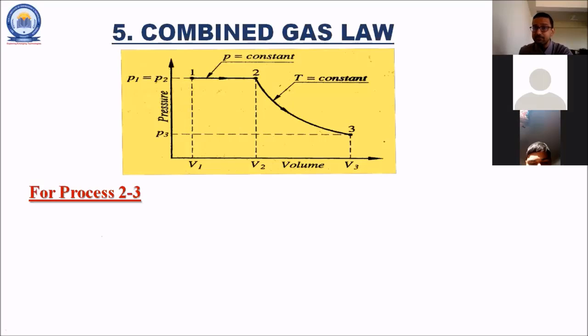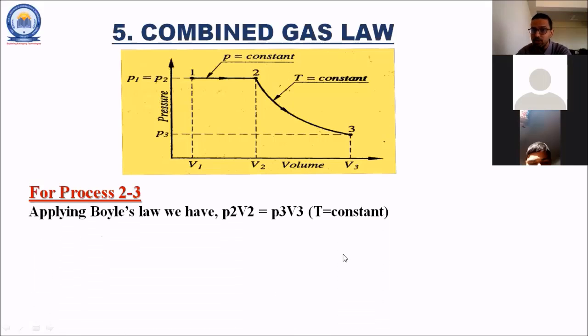So which law can we apply, Boyle's law or Charles' law? Okay, very good. Perfect answer from the majority of the students. We can apply Boyle's law. So applying Boyle's law, initial state is equal to final state, I can write P2 V2 is equal to P3 V3 because temperature remains constant.